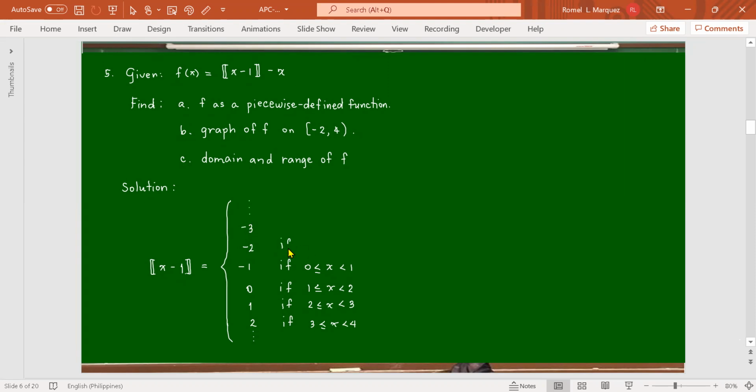So this is if x is between negative 1 and 0, right? Including negative 1 here. If x is between negative 2 and negative 1, including negative 2. Would you please check to finalize our piecewise form of the given greatest integer of x minus 1?